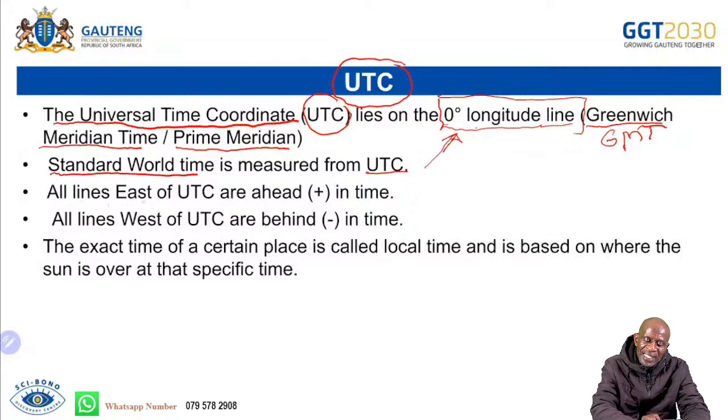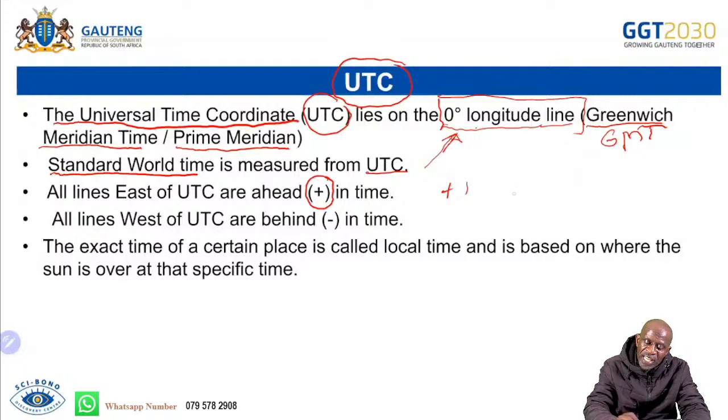All lines east of the UTC are ahead of time. Therefore, they are indicated with this plus sign. So they will indicate before the number that this is a +1, a +2, and remember we have 24 lines of longitude, up to a +11.